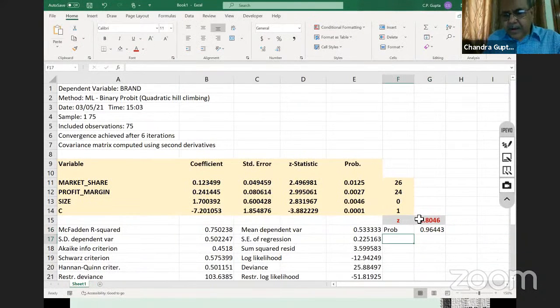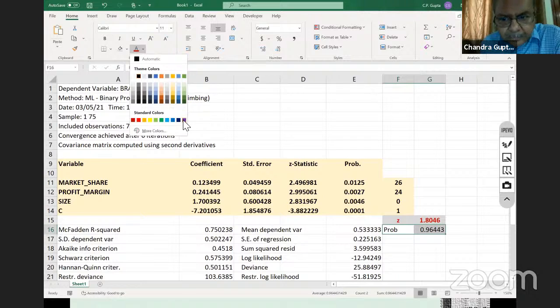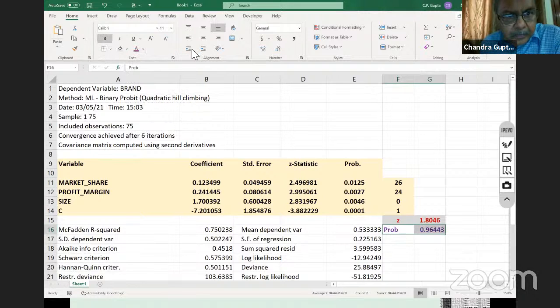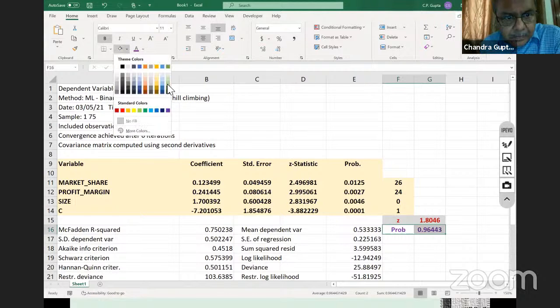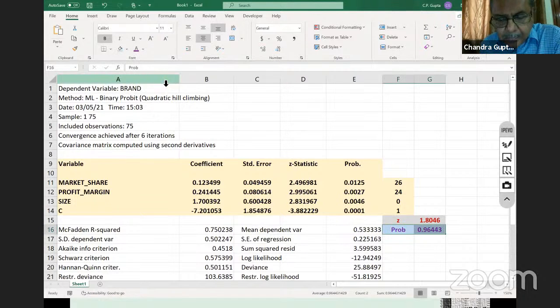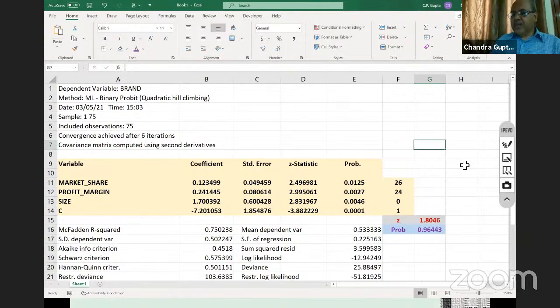That's the probability. That's how you get the probability. Any question?